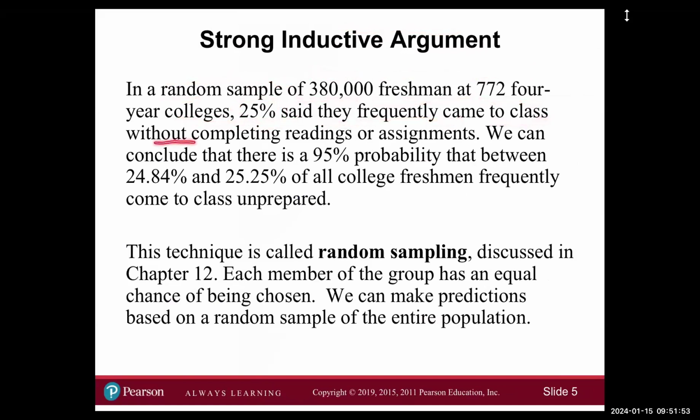We can conclude there is a 95% probability that between 24.84% and 25.25% of college freshmen frequently come to class unprepared. This technique is called random sampling, which we can discuss in chapter 12. Each member of a group has an equal chance of being chosen. We make predictions based on a random sample of the entire population.